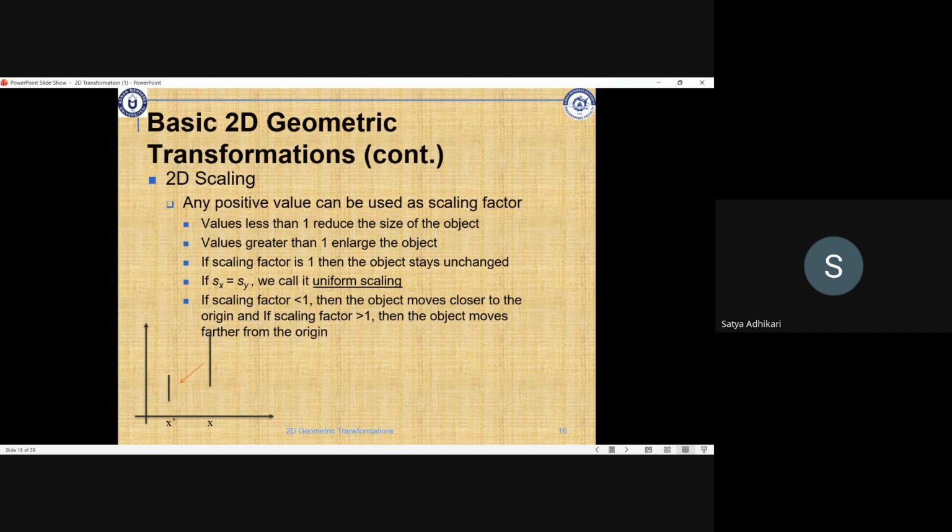So if the scaling factor is less than 1, the object moves closer to the origin. If the scaling factor is greater than 1, then the object moves further from the origin.